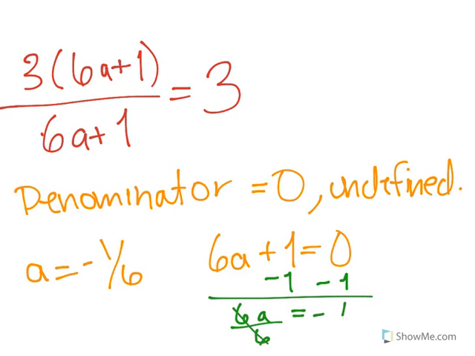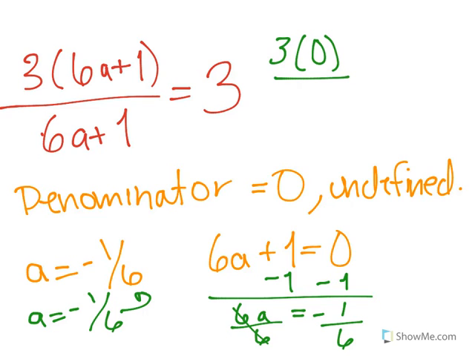Divide both sides by 6, and we're left with a is equal to negative 1/6, like we said before. So if that was true, then we had 3 times 0 over 0. Whenever you try to divide something by 0, you get undefined.